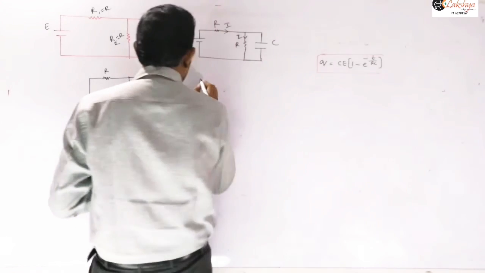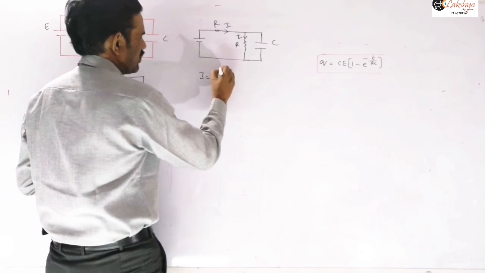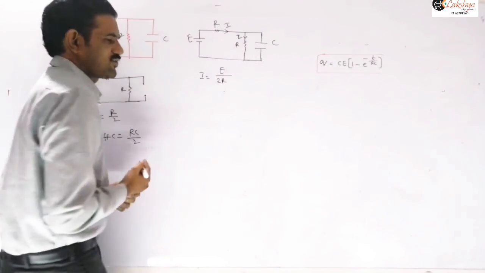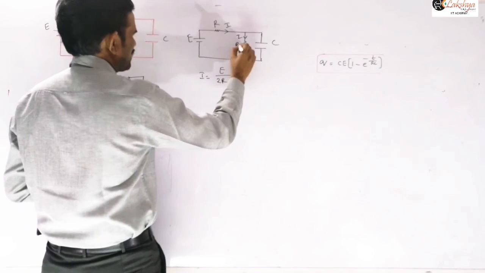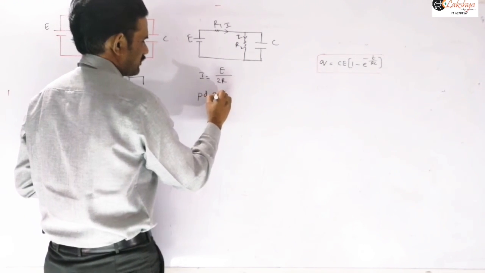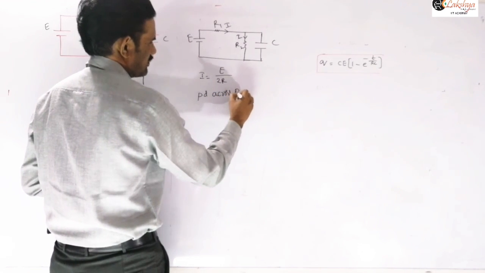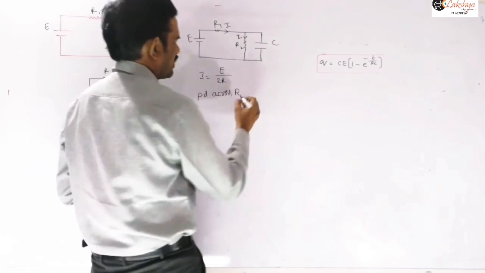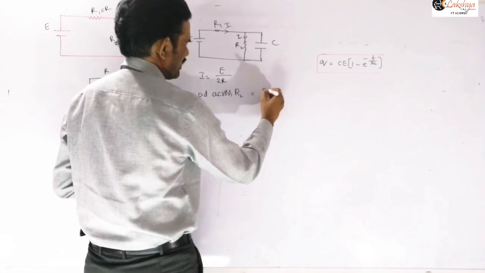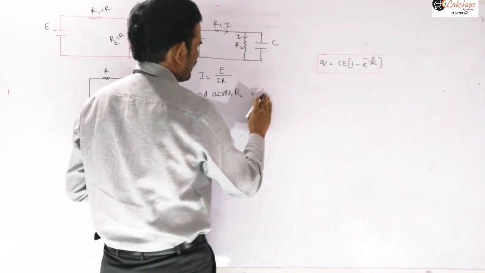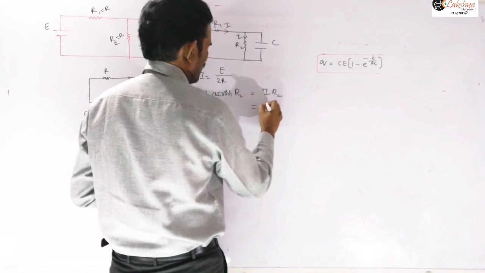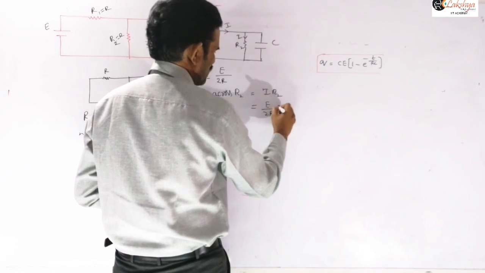Therefore, we can write I is equal to E by 2R, because these two resistors are in series. Then the potential difference across R2 is I R2, which is E by 2R times R, so E by 2.